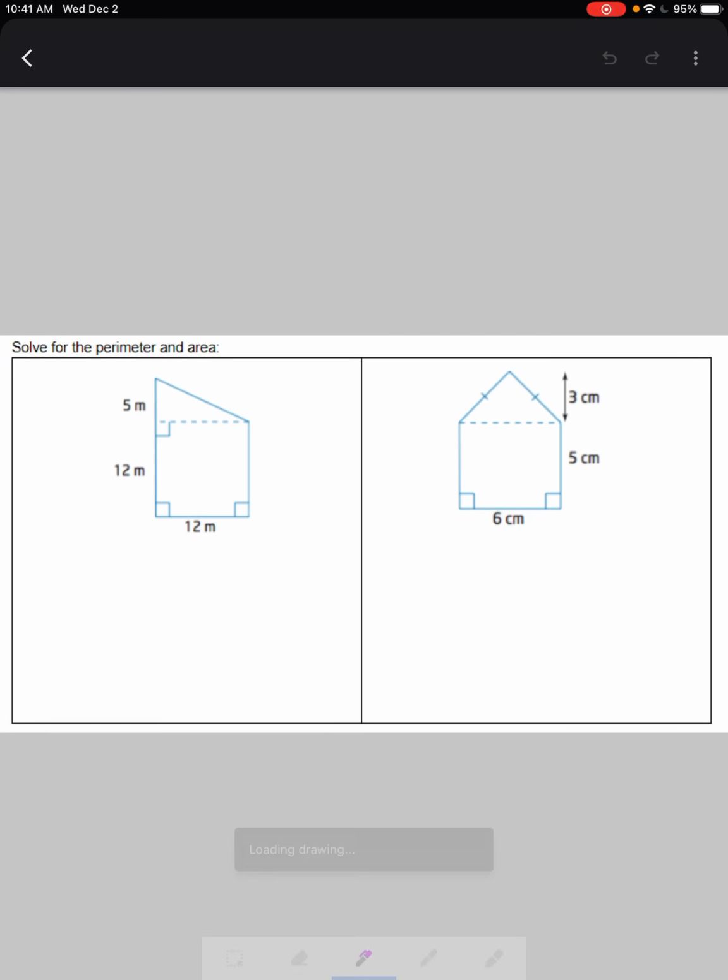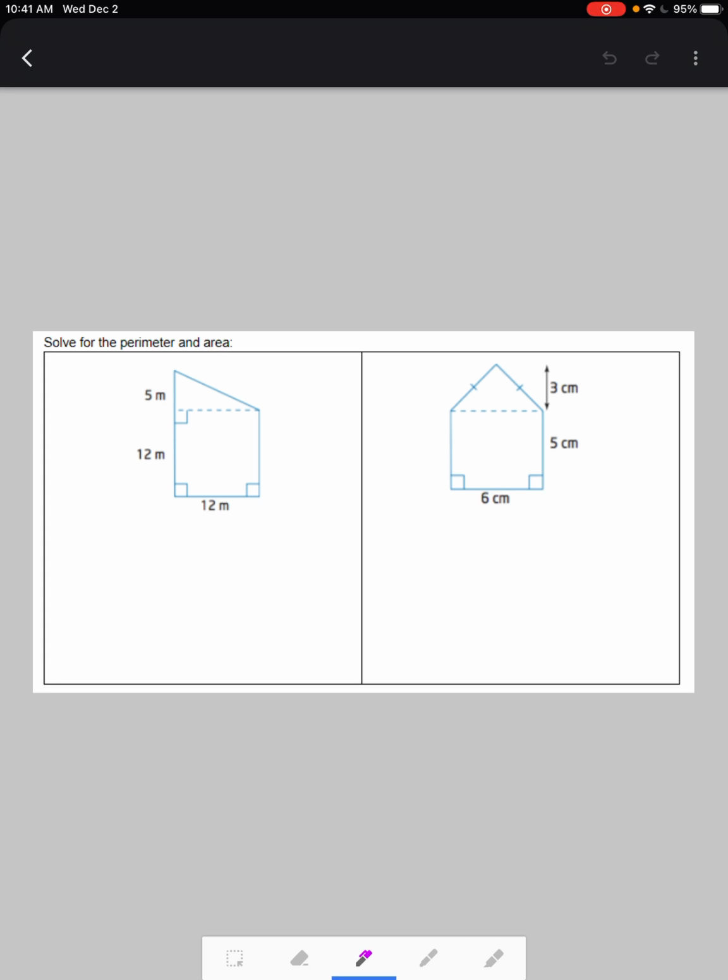So starting off with our first one here, let's do area first. We can break this out into a chunk. We know that this side length is 12. So this little square here has an area of 12 times 12, length times width. So area gets us 144. Next, for our triangle, triangle areas are 1/2 base times height.